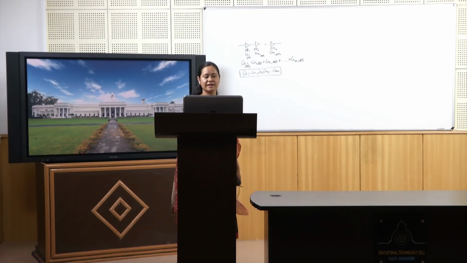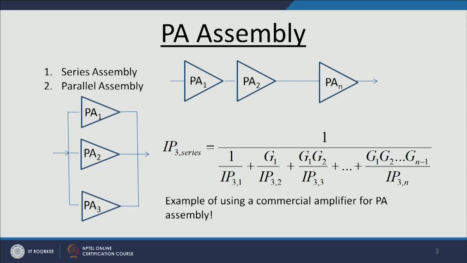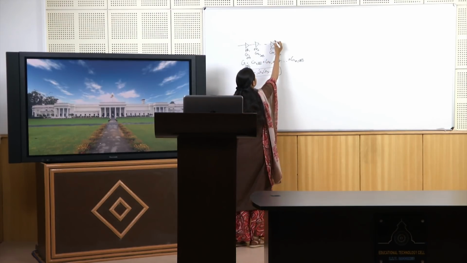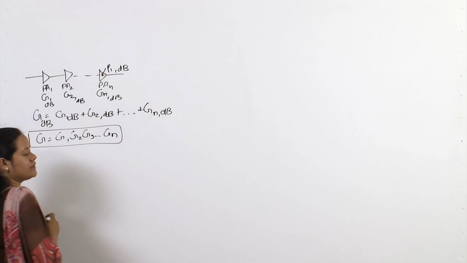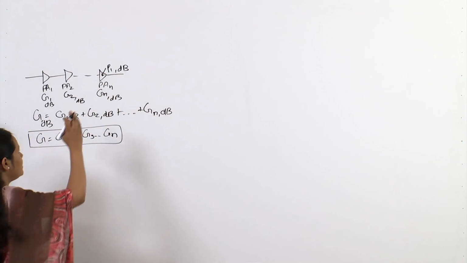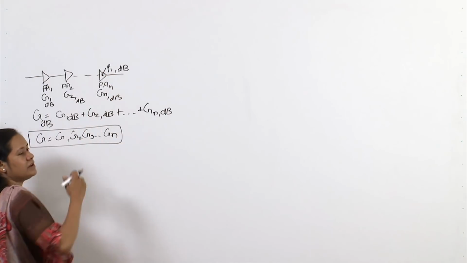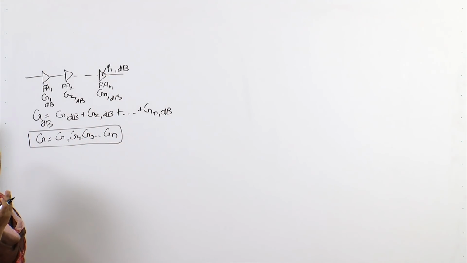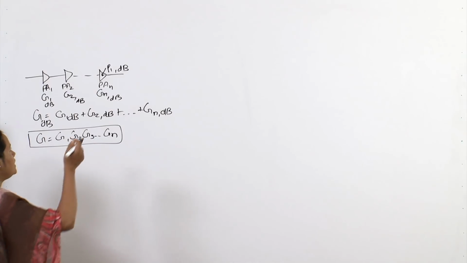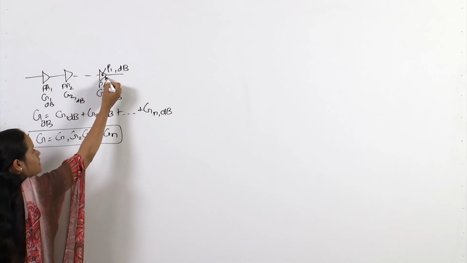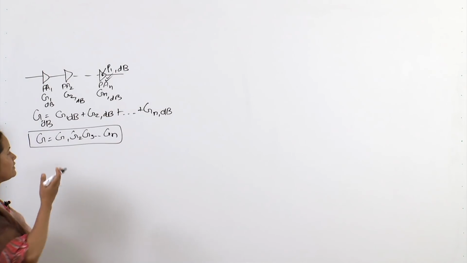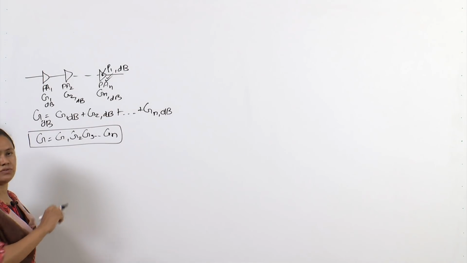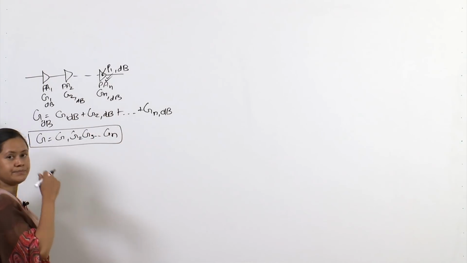Now, coming to the second point, the output power. Output power of each stage is defined by the P1 dB point of that particular amplifier. That P1 dB is the maximum power which this amplifier can provide, and if we want to have more power than this P1 dB power, then it is possible that our device will burn if we give it more input power.